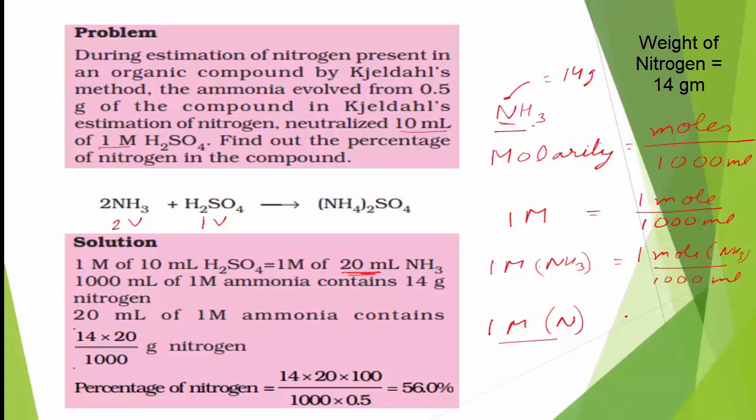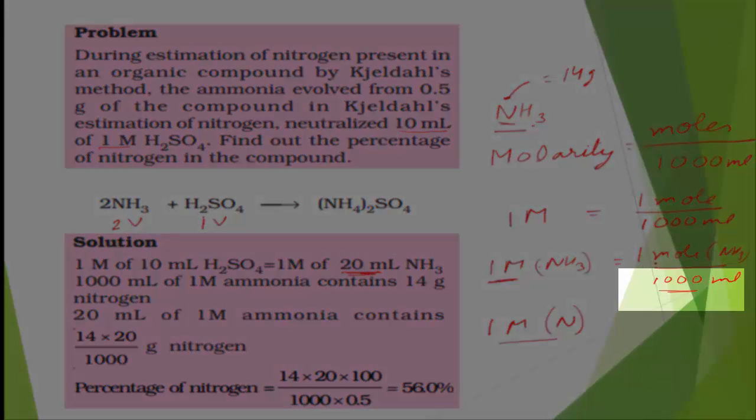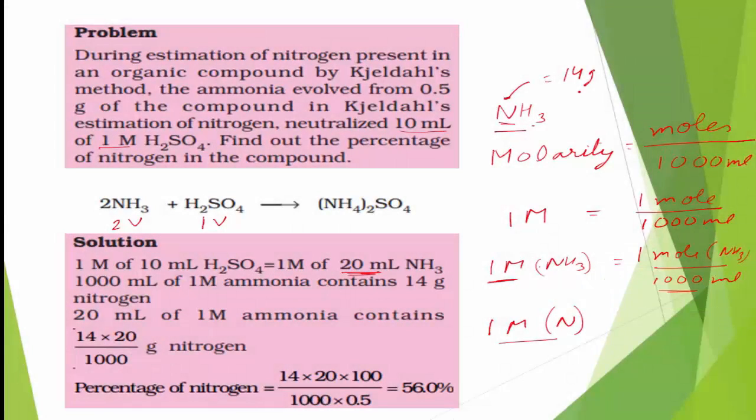So 1000 ml of 1m NH3 has how much nitrogen?